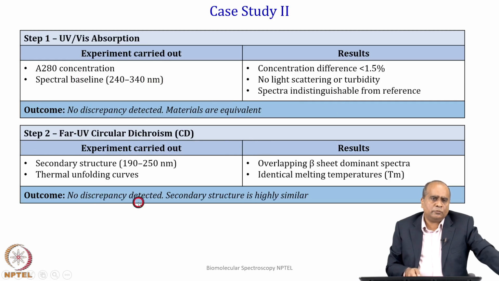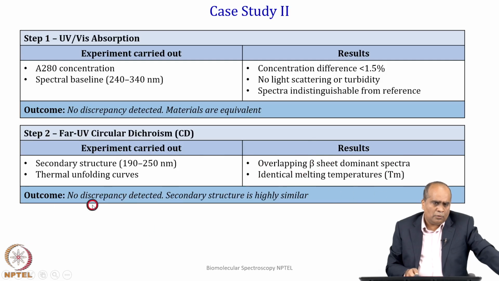Now, in step 2 we are doing a far UV CD experiment, where we are carrying out secondary structure measurement between 190 and 250, and we can also do the far UV CD thermal unfolding. So, this gives overlapping beta sheet dominant structure and indicates that the melting temperatures are more or less similar.